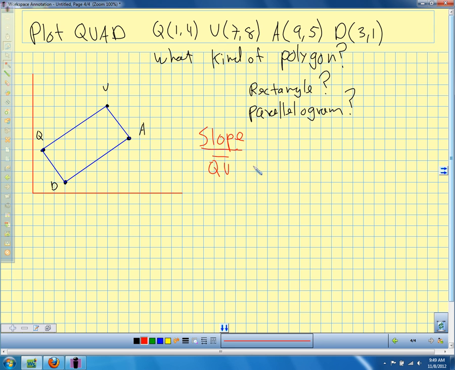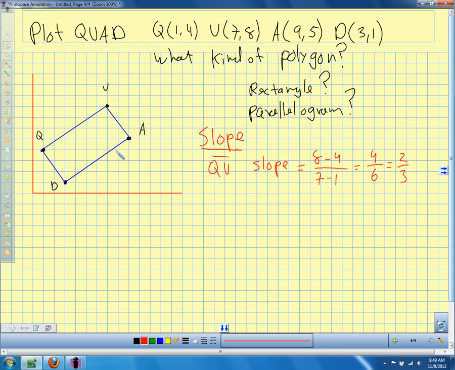Our slope equals y2 minus y1, 8 minus 4, over x2 minus x1, 7 minus 1. That's 4 over 6, and I reduce that, and I get 2/3. So that's the slope of QU.